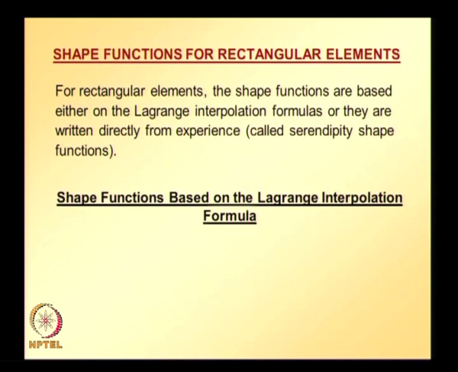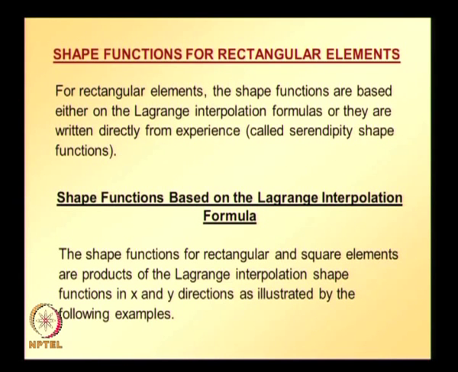So now, shape functions based on the Lagrange interpolation formula. The shape functions for rectangular and square elements are products of Lagrange interpolation shape functions in the x and y directions, as illustrated in the following examples.